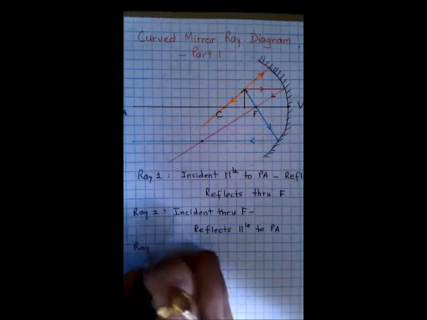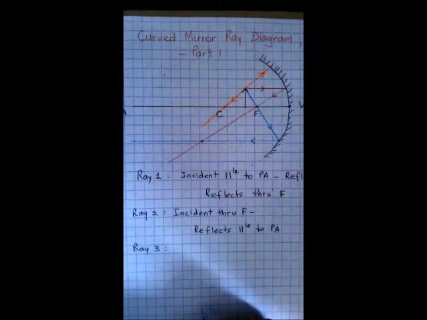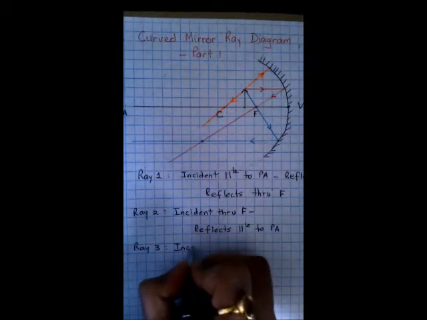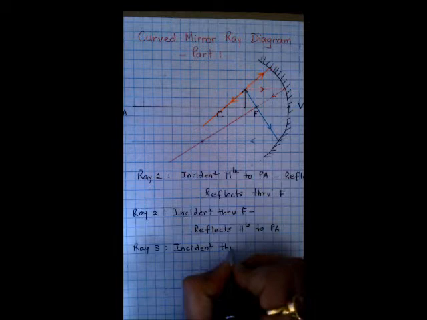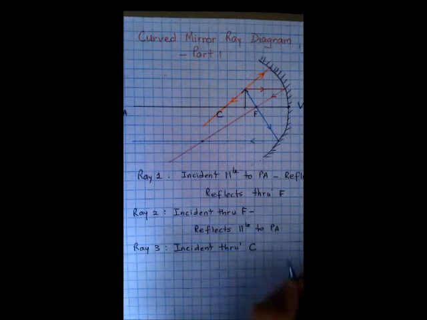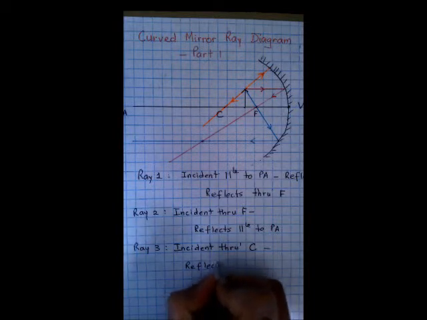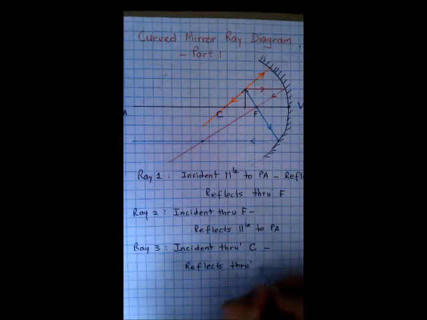Ray 3, which you will not use as much as ray 1 and 2, but it's good to know about it. Incident ray through center of curvature. Reflects also through center of curvature.